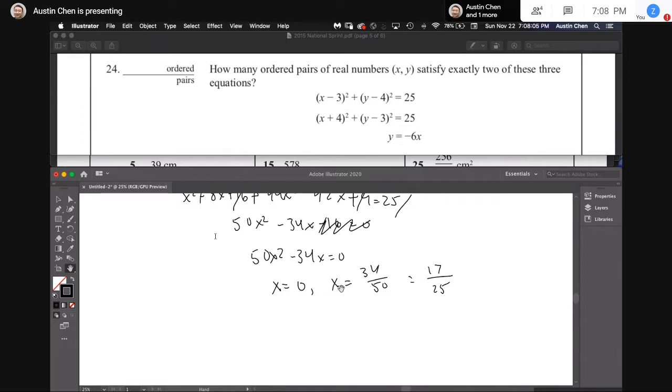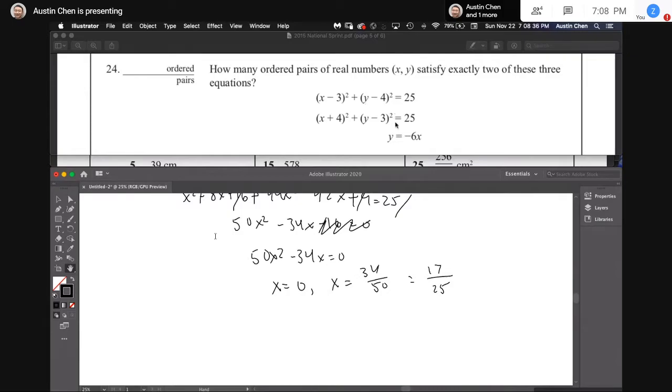Okay, so these are our solutions of x for these two equations, and we don't have to solve for y here, right? Because we just want to see how many solutions we have, and not anything about the y values. Basically, if we look at these two equations and we have some x values, and we look at these two equations, and one of them has the same x value, then those x values have to give the same y value, right?